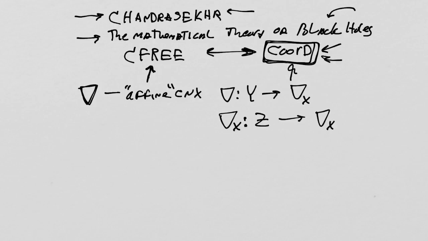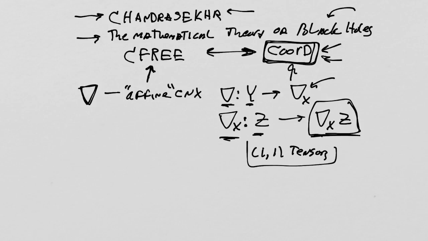This other vector field is called the covariant derivative of Z in the direction X. The point is that this guy maps vector fields to vector fields. This guy maps vector fields to objects that are maps that take vector fields and give vector fields. Well, what kind of an object is a map that takes a vector field and gives you a vector field? That kind of object is a 1-1 tensor.